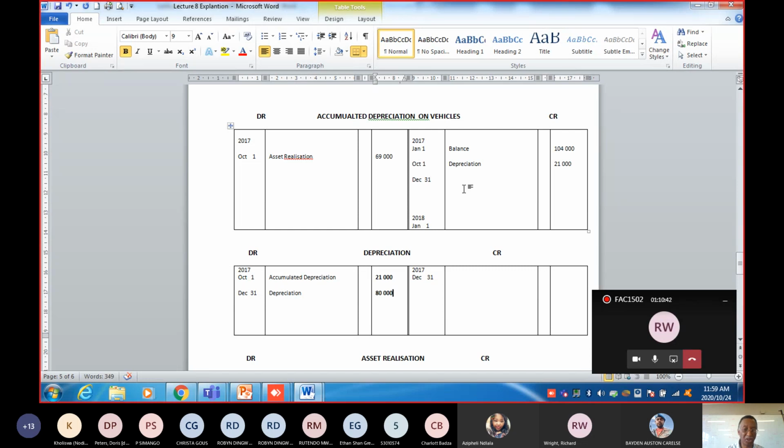I credit my accumulated depreciation with depreciation, and the amount of the depreciation at the end of the year is 80,000 Rand.